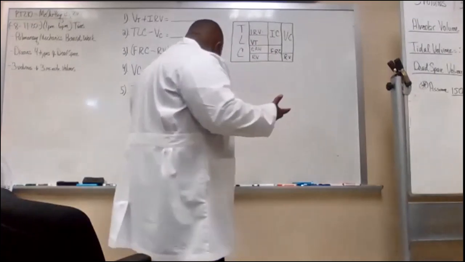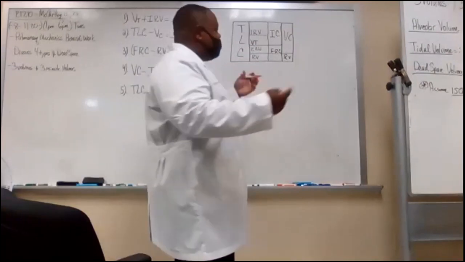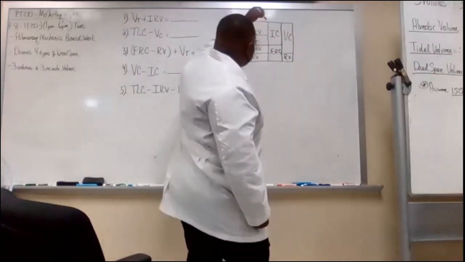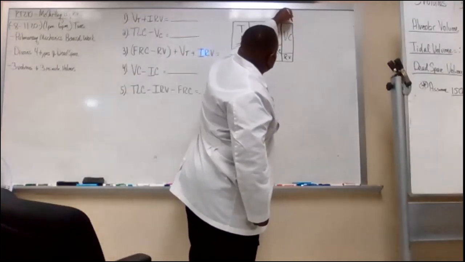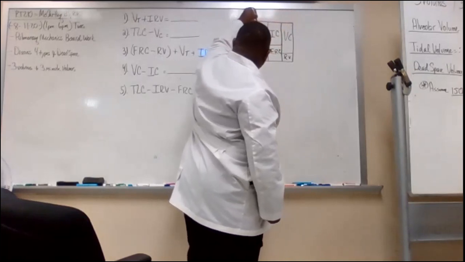Now, depending on how many colors you have, it's good to do it in colors. Let's say I do vital capacity in red, and remember that vital capacity is everything that I can do.